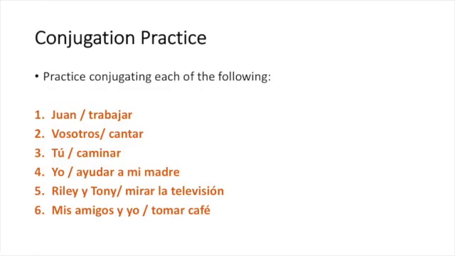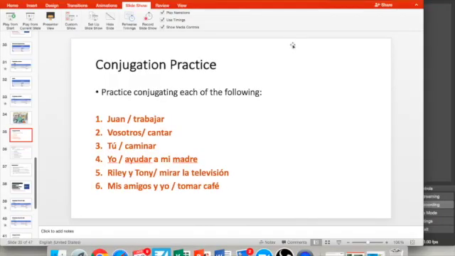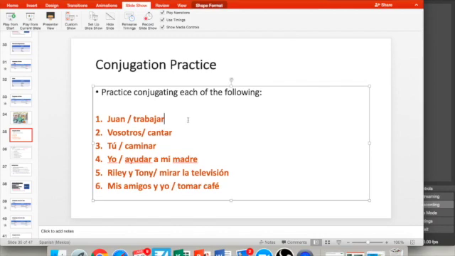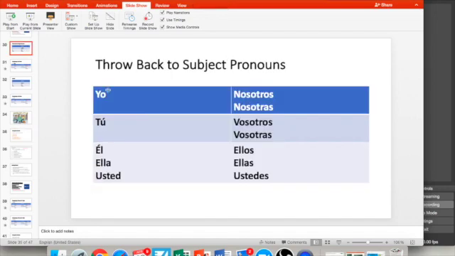So you have a couple here that I'd like for you to take a moment and try. It gives you a subject, in this case Juan, and it gives you a verb, trabajar. You have to start by asking yourself, well, would Juan be I, you, he, she, we, they, or you all? Juan is obviously a man, so we would say Juan, he. He is my bottom left box here, él.